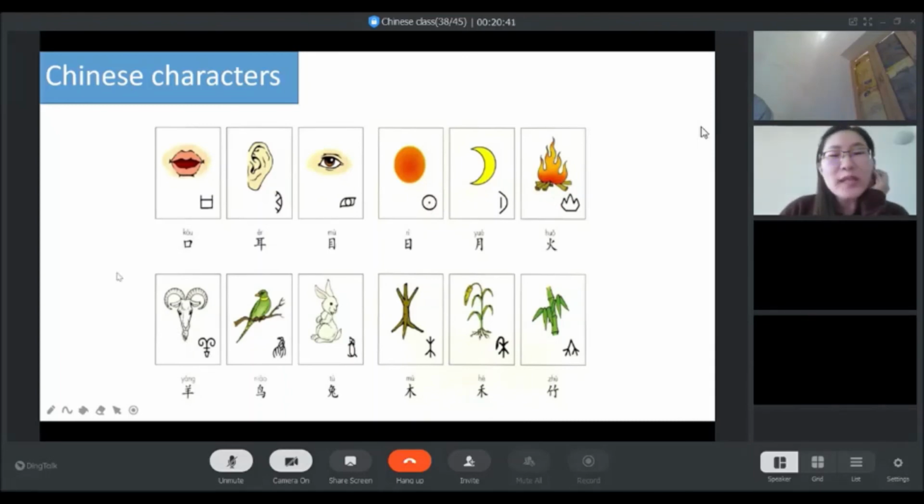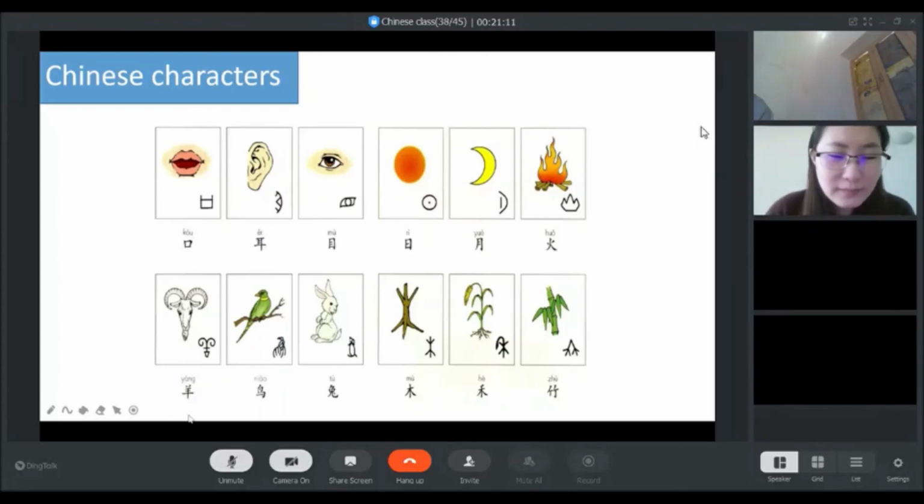And also look at this one, the second row, the first one, yang. Yang means a goat or sheep. In the ancient time, we wrote it like this. You can see the goat like this. But later, it changed to be this one.